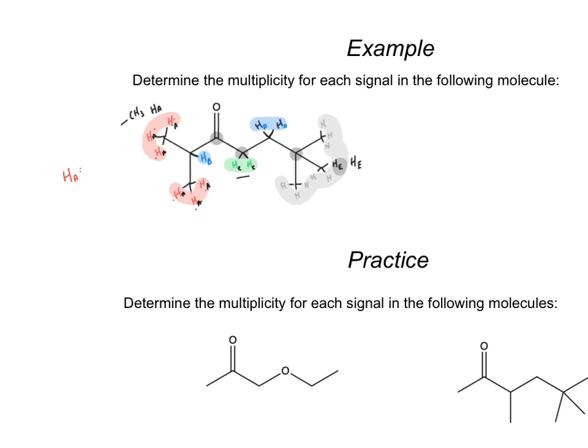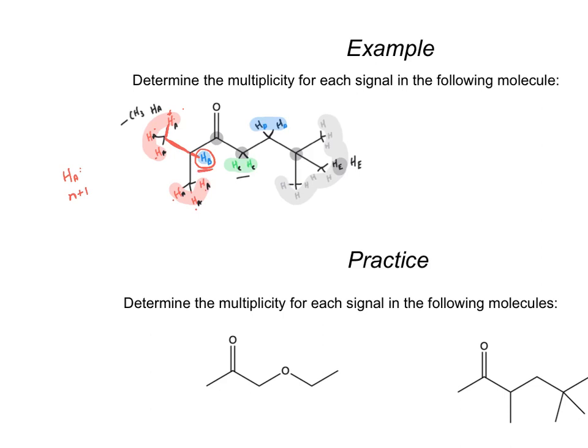If I started out here on this HA and counted 1 in, and 1 over, that's 1, 2, and I counted this one, this is 3. HB is the only proton that is within 2 to 3 sigma bonds from all of these HAs. Because of that, the only thing that is going to split the signal for HA is HB. And again, we're going to follow the n+1 rule, where n is the number of nearby non-equivalent protons.